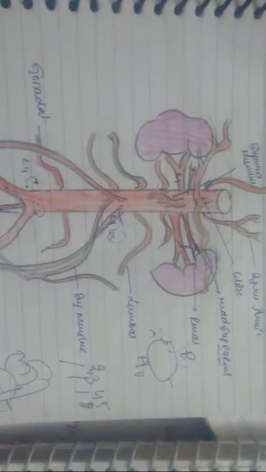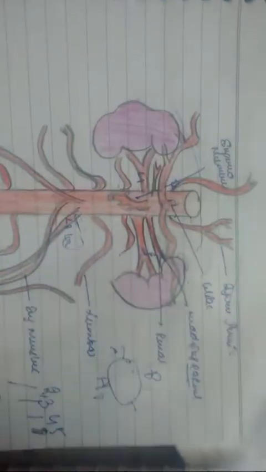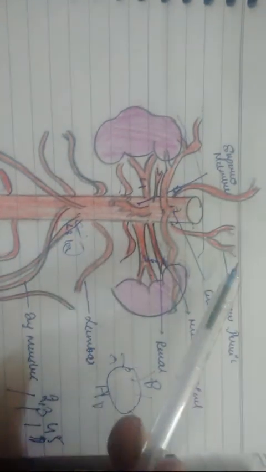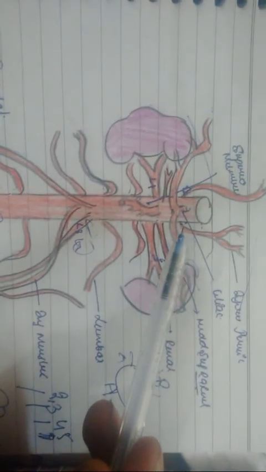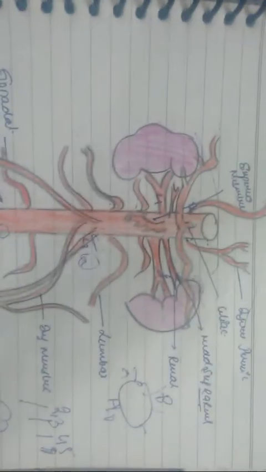This is what the inferior phrenic artery is. You have a diaphragm at this aspect. The blood supply to this diaphragm is taken by this inferior phrenic, and that branch of the abdominal aorta is the inferior phrenic, one of the lateral branches.